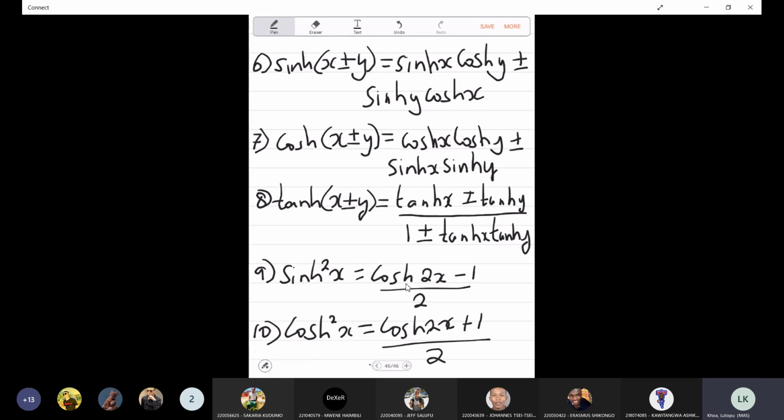So all of these, like I said, if you were to just sit down and think about it, you would be able to prove them. These ones involve laws of exponents, multiplying e to the power of x, e to the power of minus x. If you use your laws of exponents, you shouldn't have any problems.